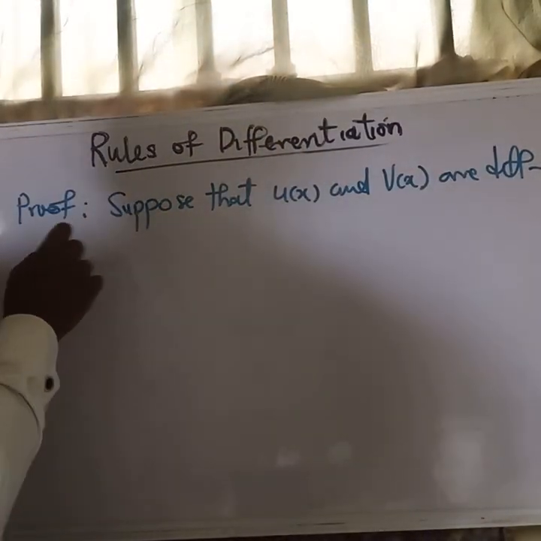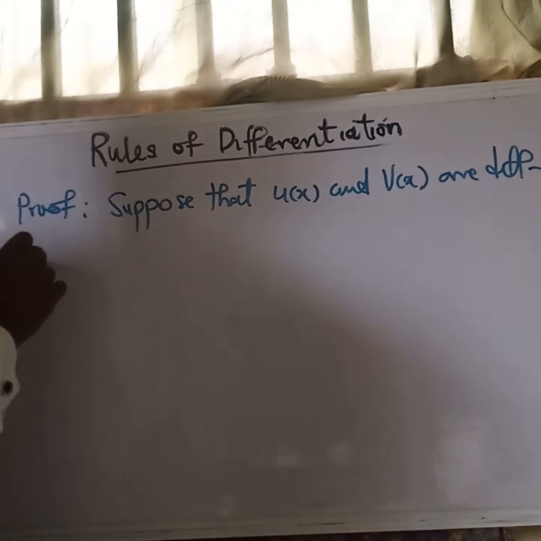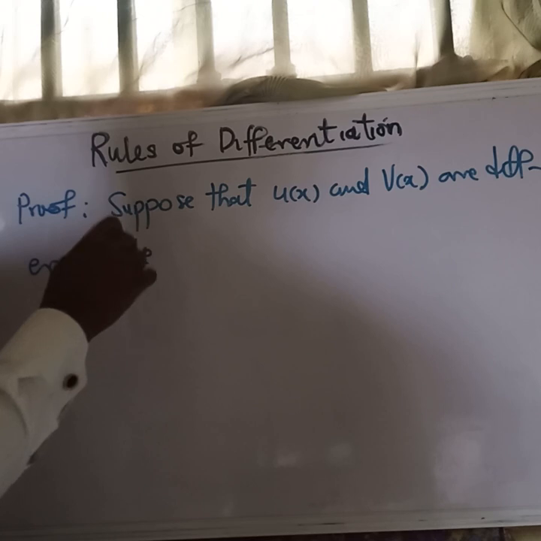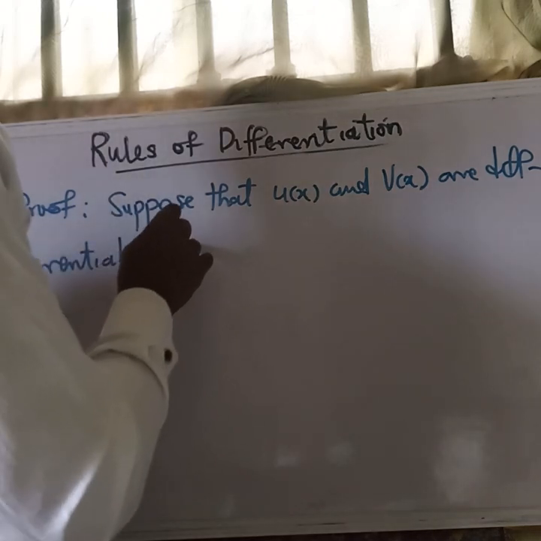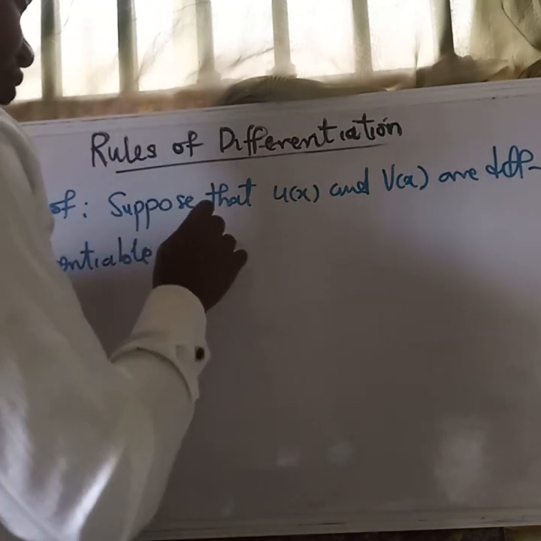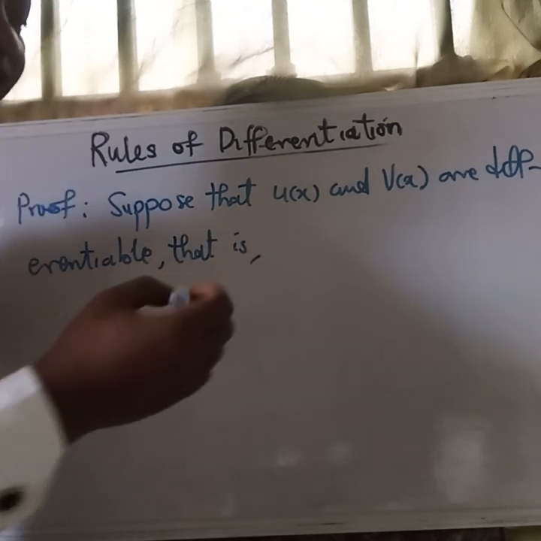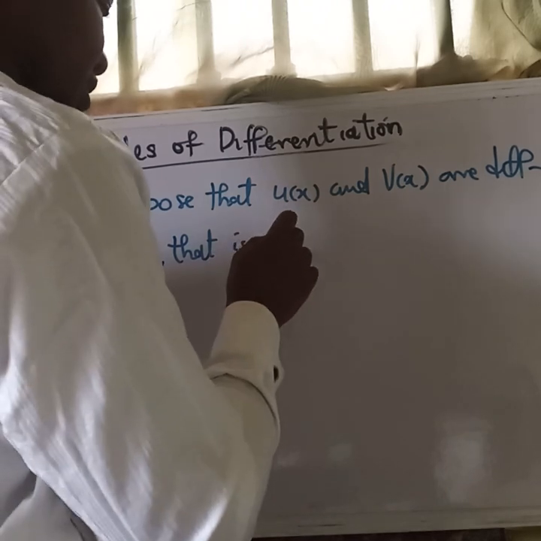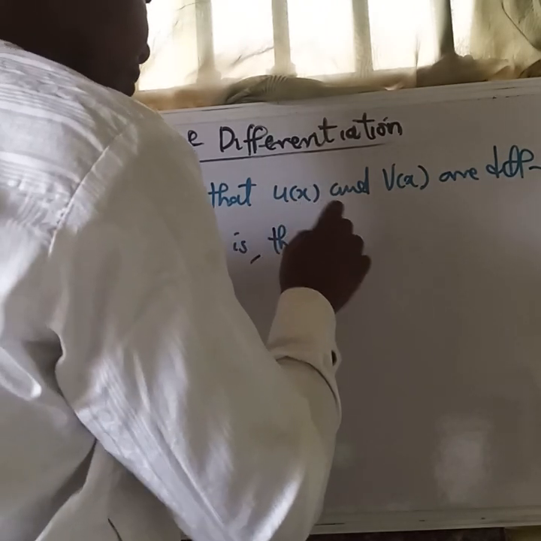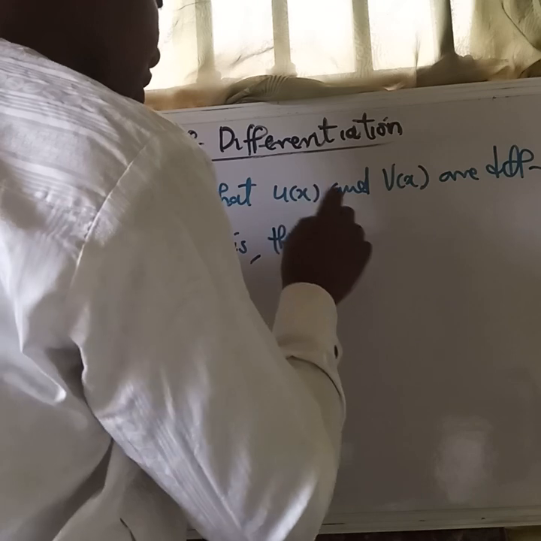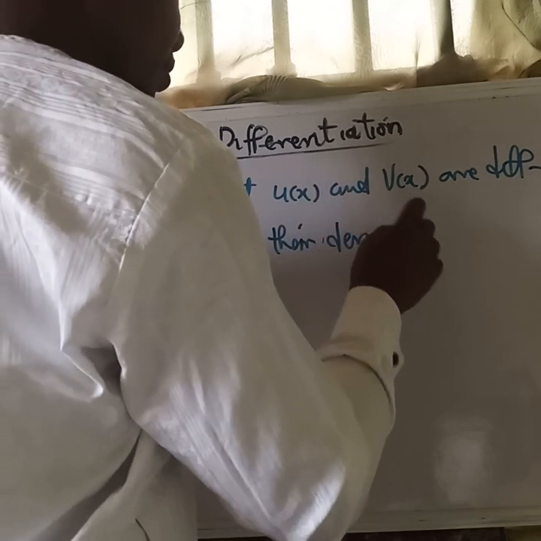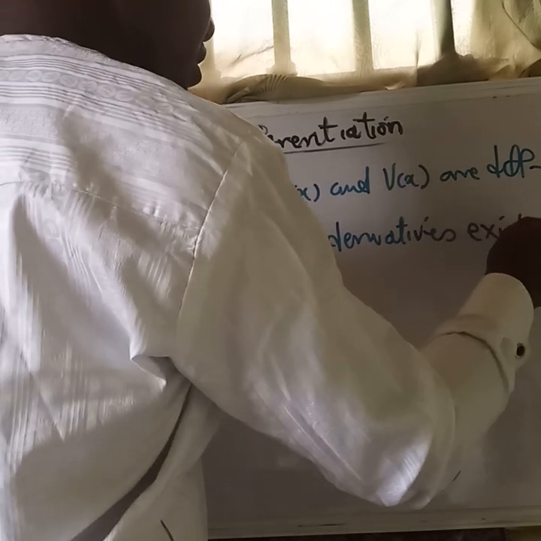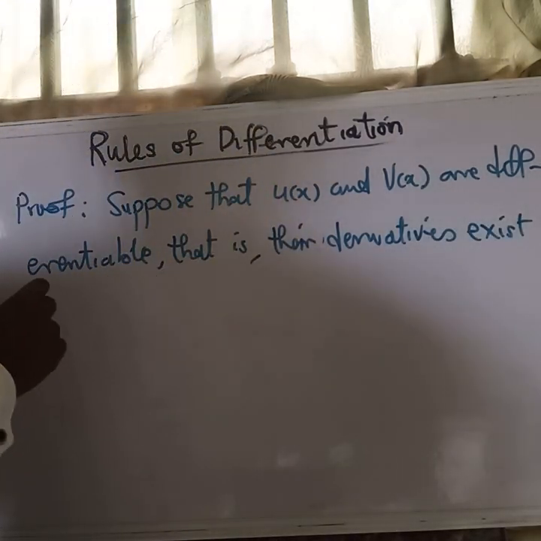Okay, are differentiable. So when we say both of these functions are differentiable, the meaning by the definition of derivative is that their derivatives exist.